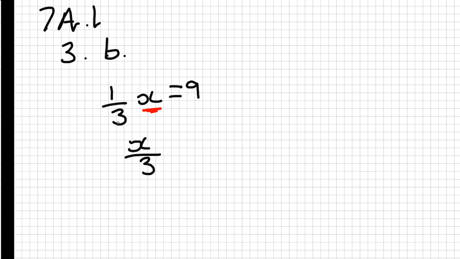If you have a fraction times by x, you can times that 1 by the x. 1 times x is x over 3 equals 9. So the operation we have here on the x is a divide by 3. That's what this means. Our inverse operation will be to times by 3.